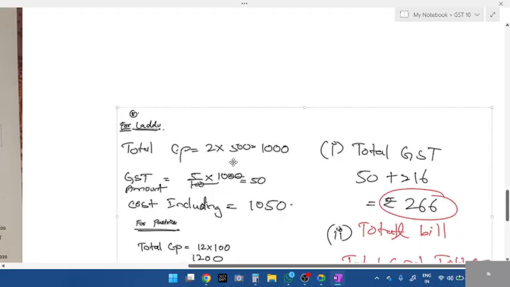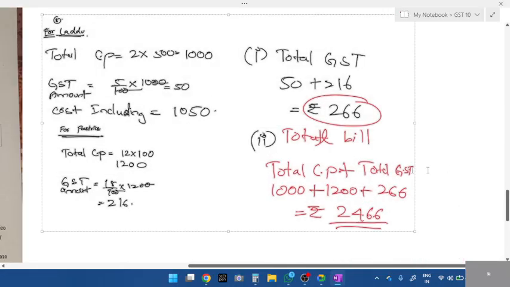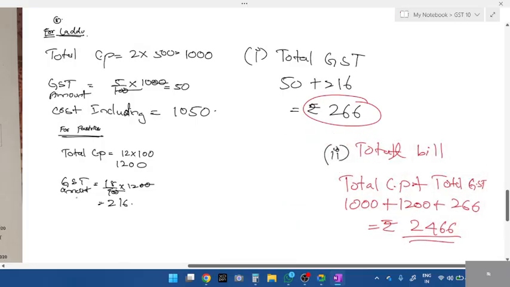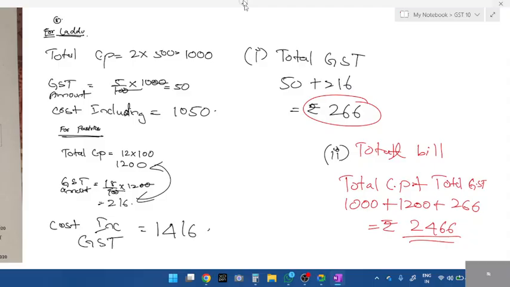Tell me for pastries, just add, students. You can do it directly like this. You can do direct calculation. Or what is the value for pastries, cost including GST, 1200 plus 216. How much is 1200 plus 216? 1416.